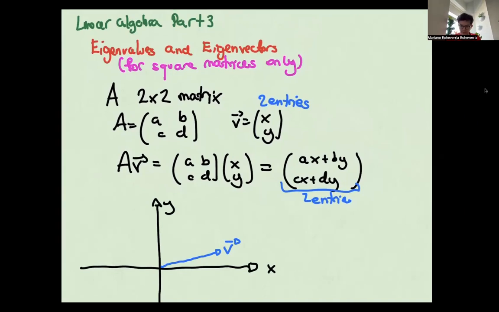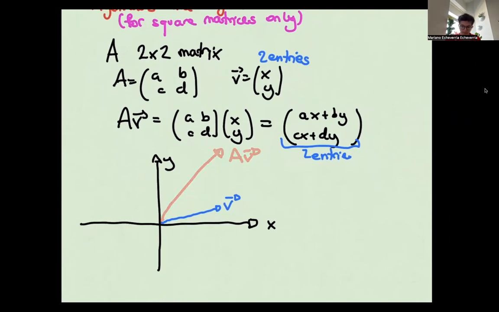When you multiply the vector by a matrix, remember that produces in general a new vector. So in general, the new vector AV would just be somewhere else on the XY plane. We can draw it something like this.